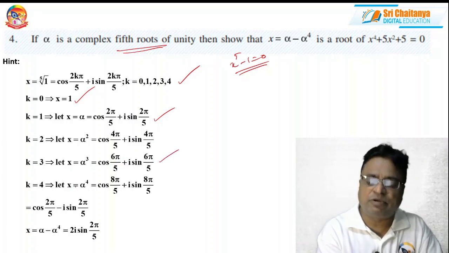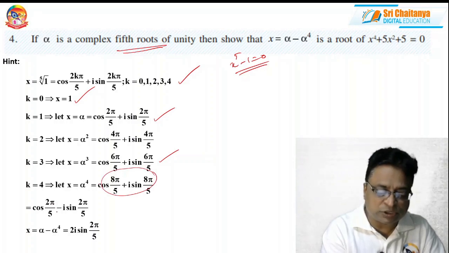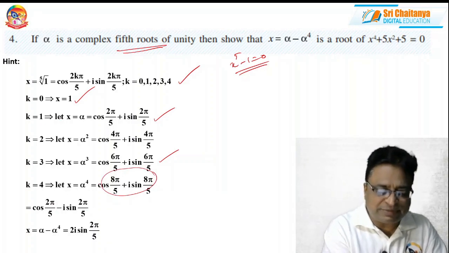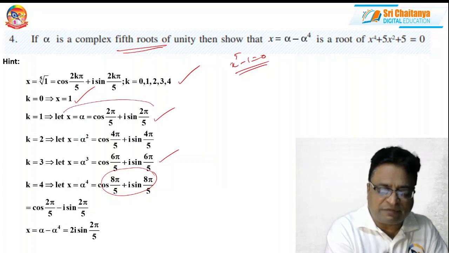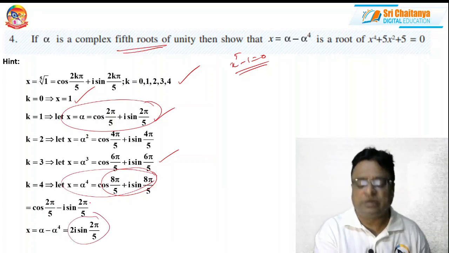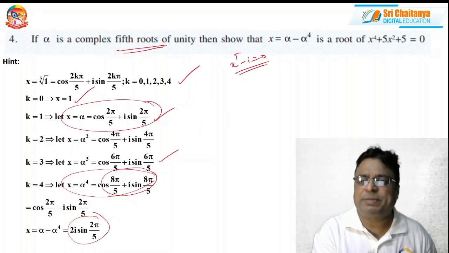For k equal to 4, x is equal to alpha power 4, cos 8 pi by 5 plus i sin 8 pi by 5. This we can write as cos 2 pi by 5 minus i sin 2 pi by 5. So this is my alpha, and this is my alpha power 4. So what is my x? Alpha minus alpha power 4. If I subtract these two, I get 2i sin 2 pi by 5.